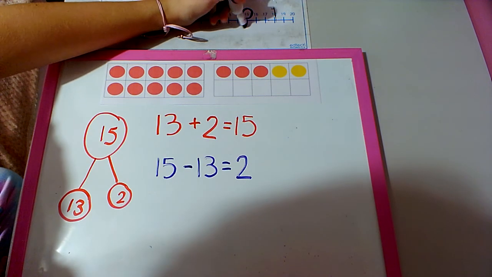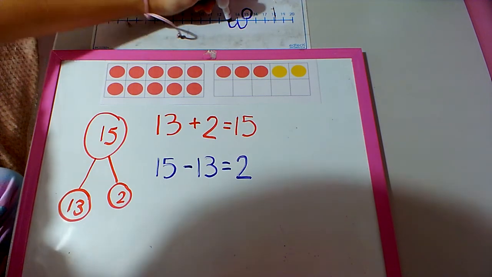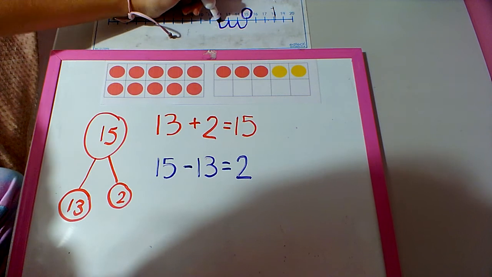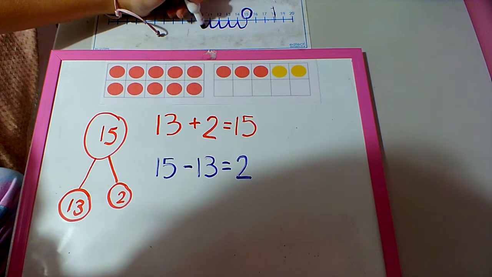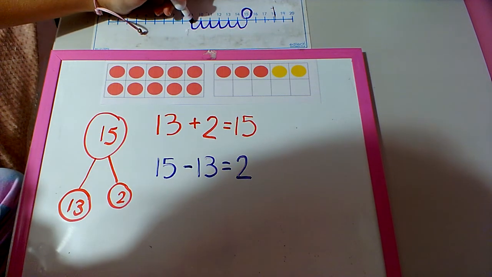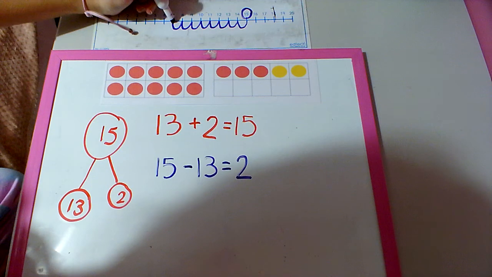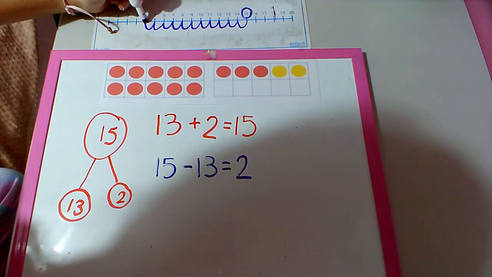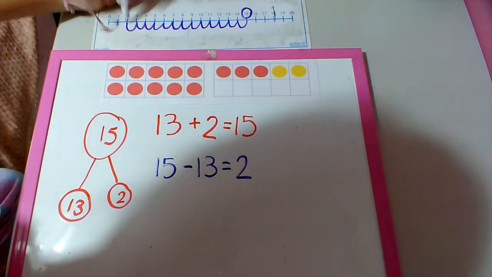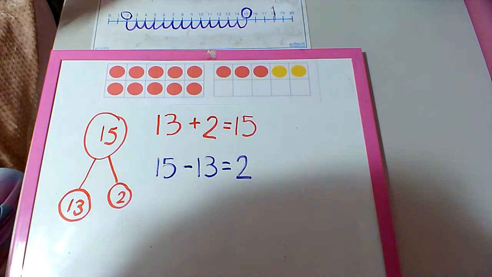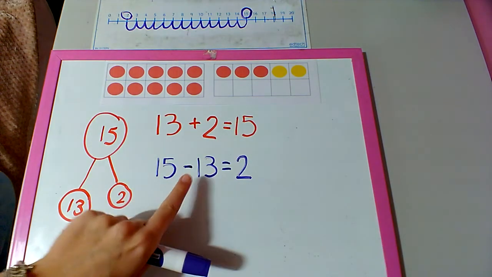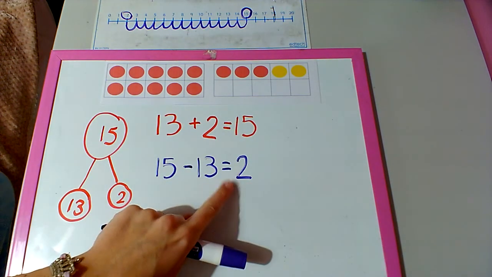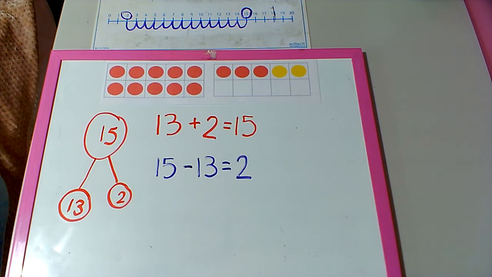Everybody count with me. 1, 2, 3, 4, 5, 6, 7, 8, 9, 10, 11, 12, 13. And we've landed on 2. So 15 take away 13 equals 2.